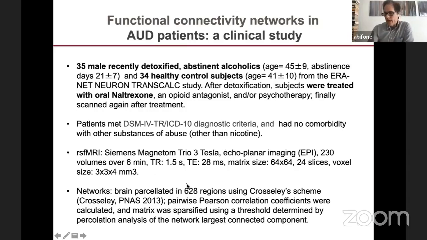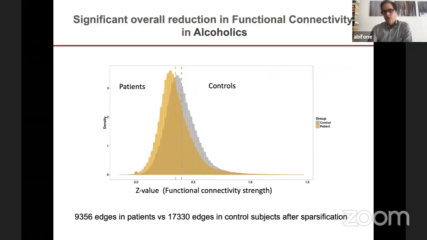We used a network representation of functional connectivity, creating a fairly large network of over 600 nodes in the brain. We found, consistently with many previous studies, that functional connectivity in patients is overall reduced, and that's true everywhere in the brain. The question is whether this decrease in functional connectivity is somehow driven by particular networks, particular areas, or is it just a widespread phenomenon?